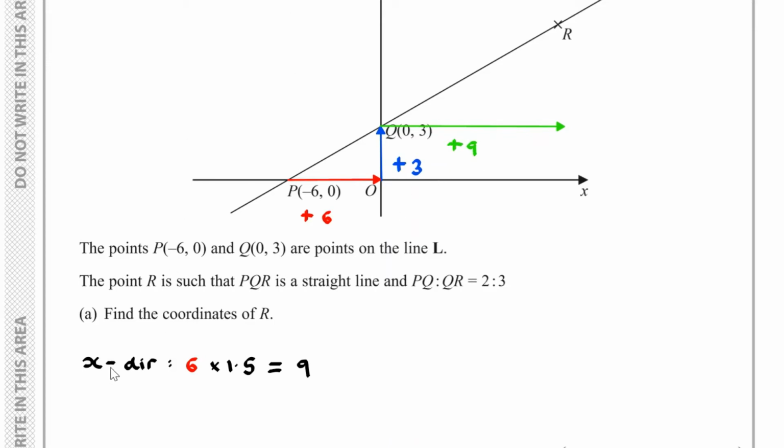and in the Y direction I have 3 multiplied by 1.5, which is equal to 4.5. So that means I have to go over here 4.5 units up.